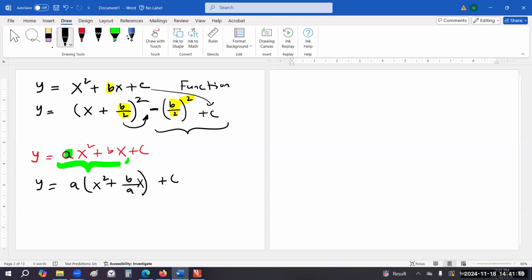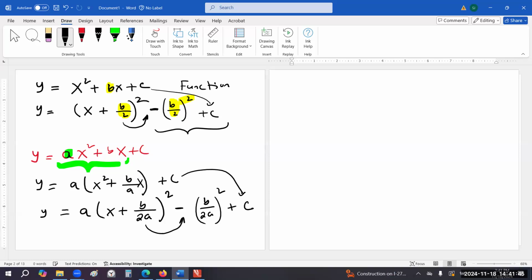Now we complete the square. So we get x plus b over 2a, and then square outside. So we subtract the same amount, b over 2a squared, plus the constant c.